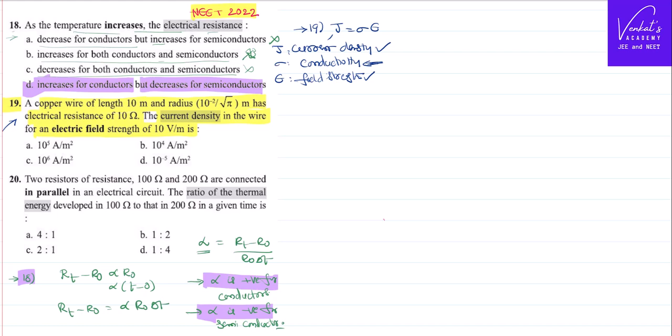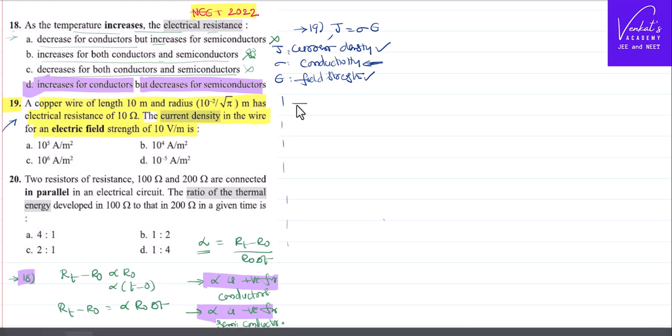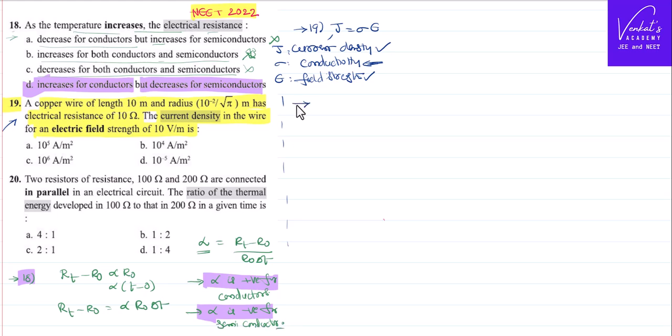So we need to know a little more about electric conductivity. The resistance of a wire is directly proportional to the length of the wire and inversely proportional to the area of cross section. The proportionality is eliminated with a constant rho, which is called specific resistance or resistivity.